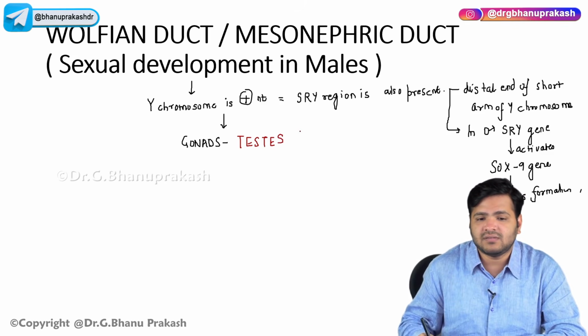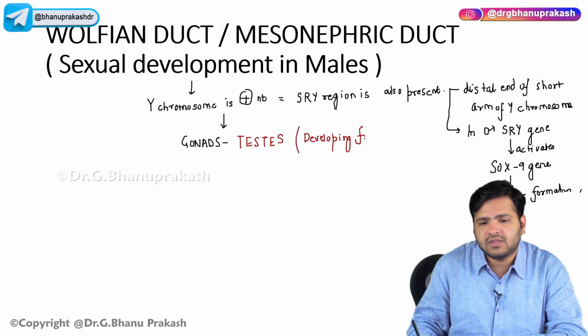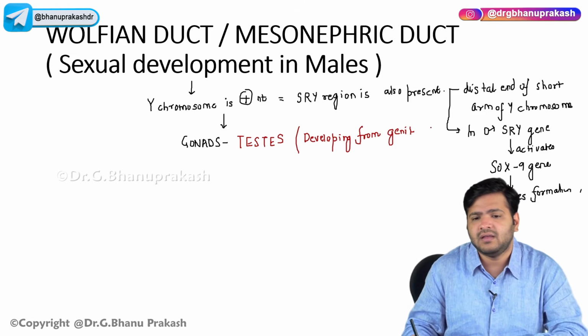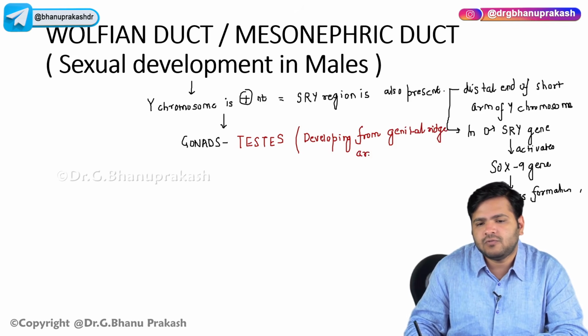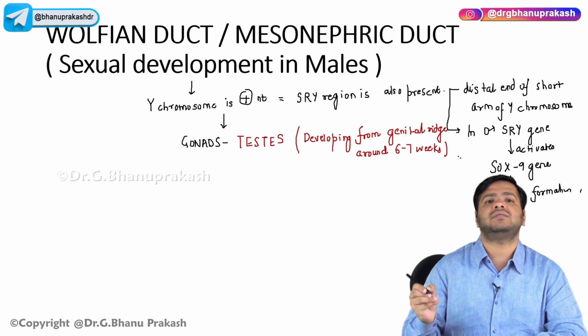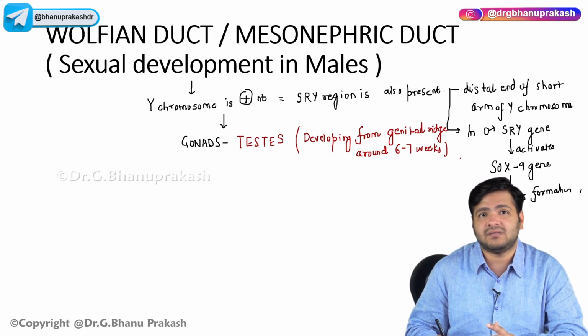Now these testis are developing from the genital ridge around 6 to 7 weeks. You already know the testis has two compartments, the anatomical compartment and the interstitial compartment.